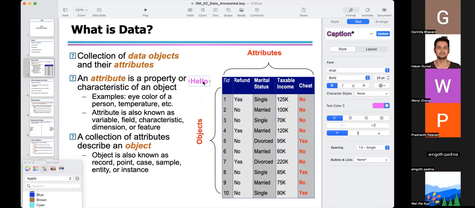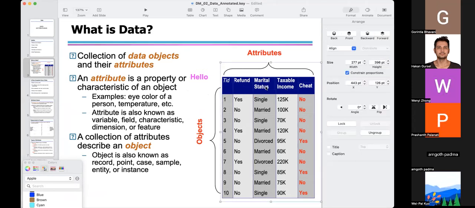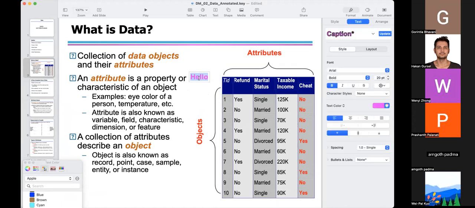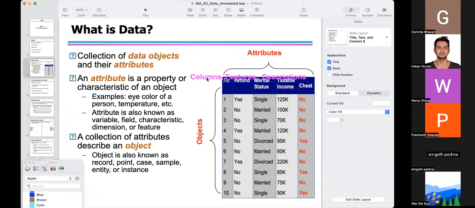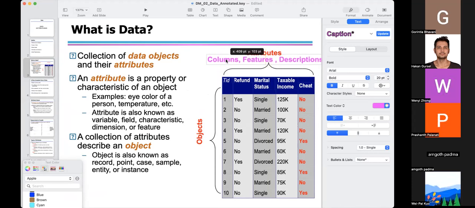So the relational data would look in a form of a table. That is, it has attributes that are the columns, or they are also called features or descriptions of the objects. So the attributes are on the columns, and they are description of the objects.